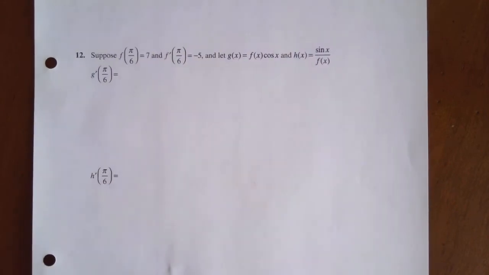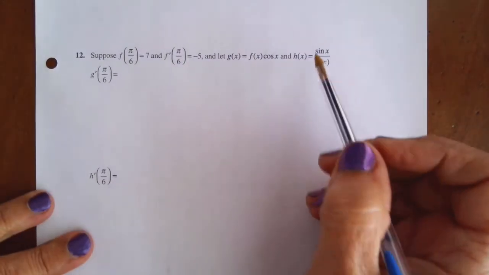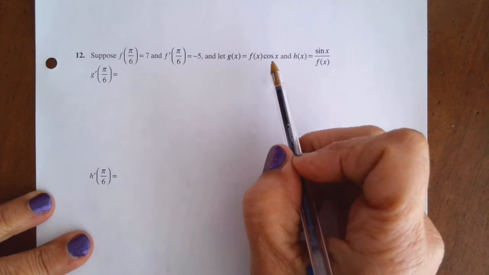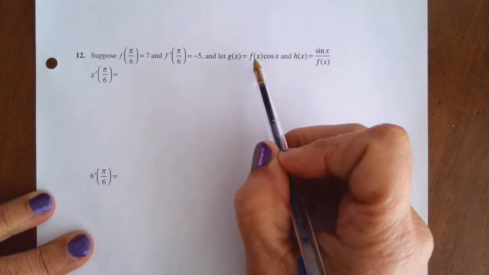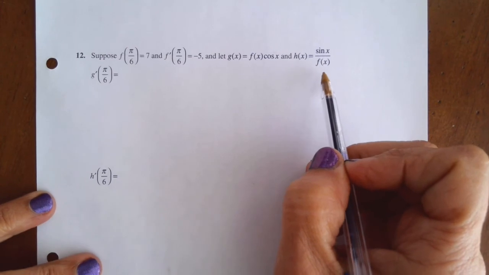All right. Let's look at number 12. One of the things that we test you on, besides doing the regular rules that we just finished, there are 3 other types of problems that we like to test you on to see if you really know these formulas. So one of the types of problems is like this one, where you get a function like cosine x, sine x, or whatever, but then the other function is just using function notation.